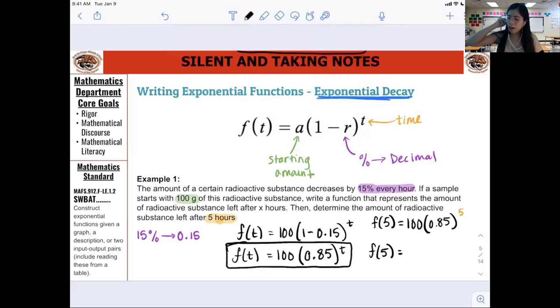All right, so on my calculator, I end up with 44.3705.